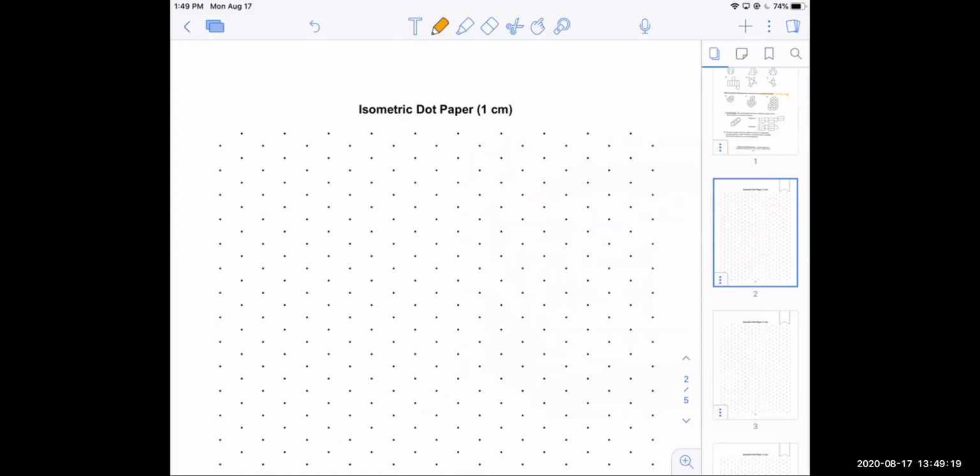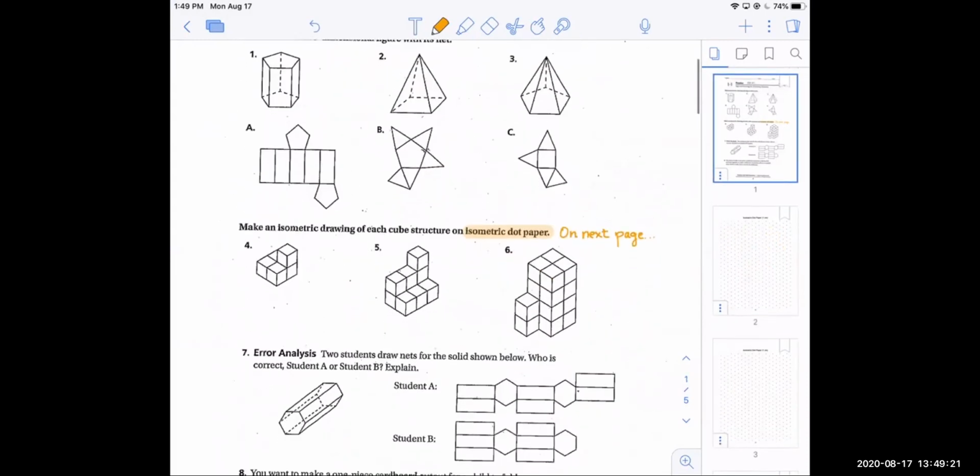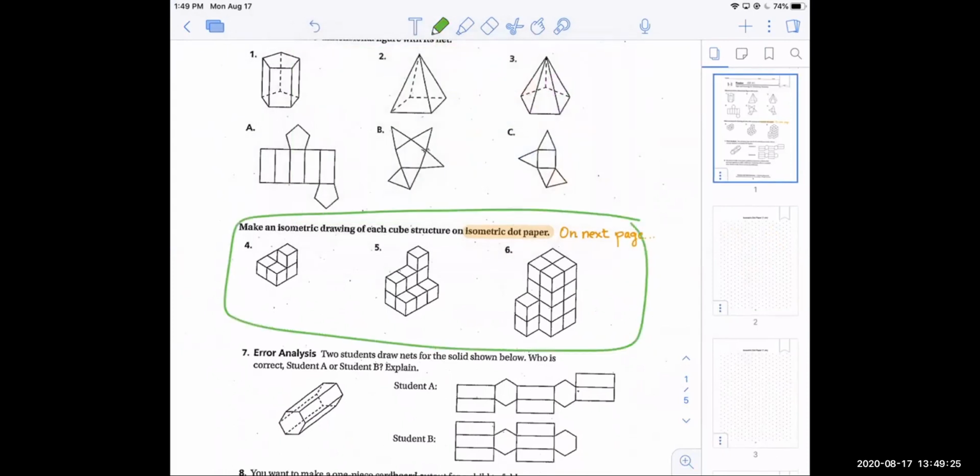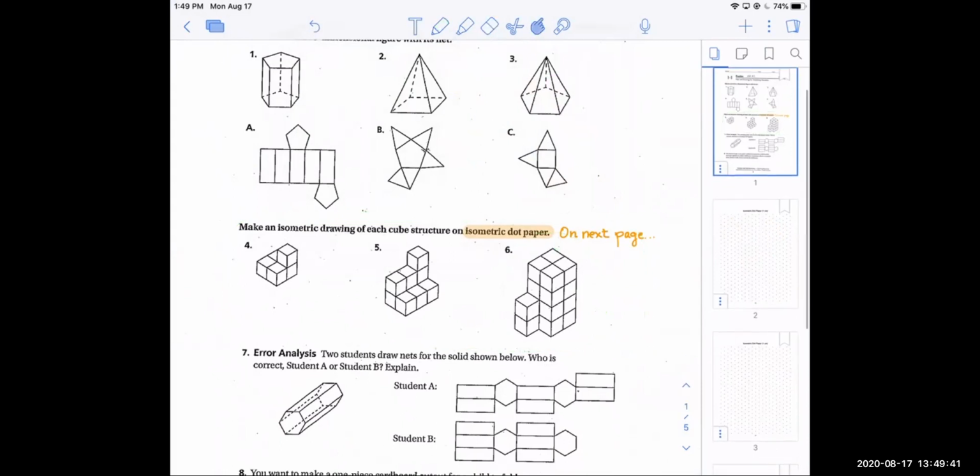Okay. For your assignment, you're going to notice that you have to make some isometric drawings on the isometric document that I gave you. I only gave you one page of it. This one in particular is pretty big, so if it's taking up too much page, then you can just do another page of the isometric document.